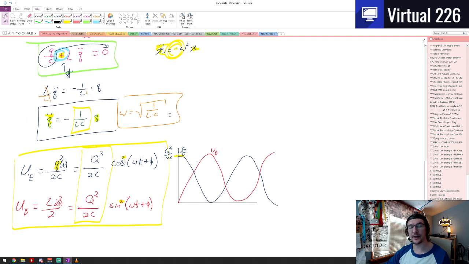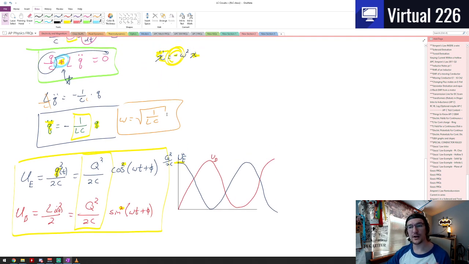We got all of that by understanding simple harmonic motion, understanding the equations we wanted to build, and then using Kirchhoff's law to take us through that. So anytime we see RC circuits, RL circuits, LC circuits, go to your Kirchhoff loops, set those up properly, and then use those to work through the equations that you want to get there.